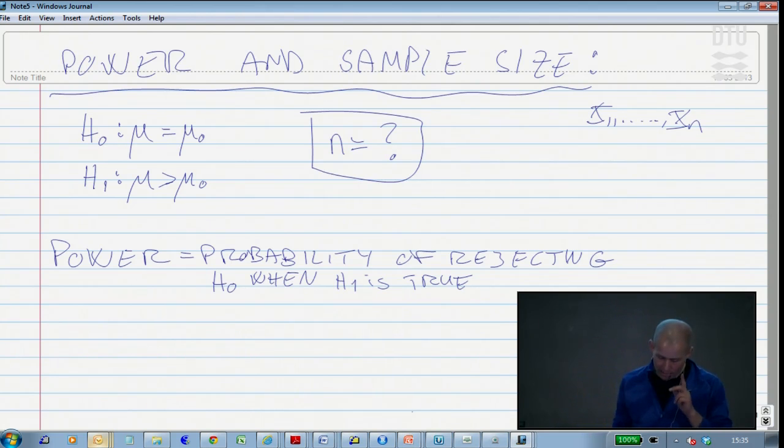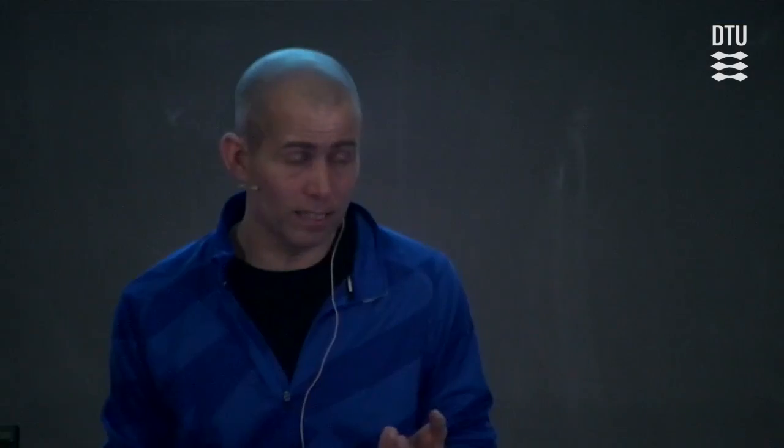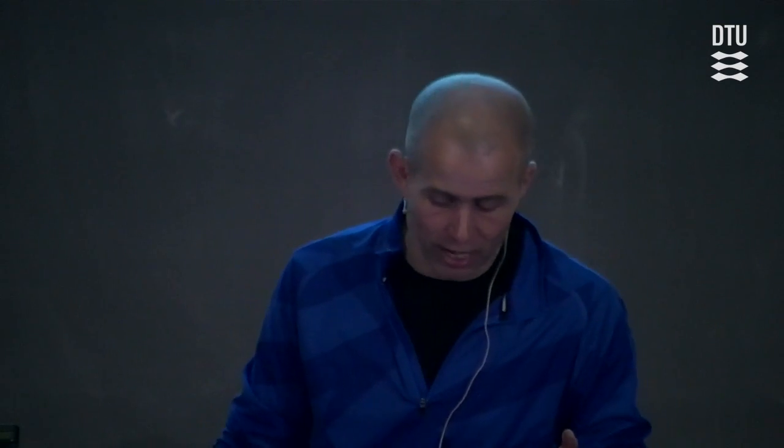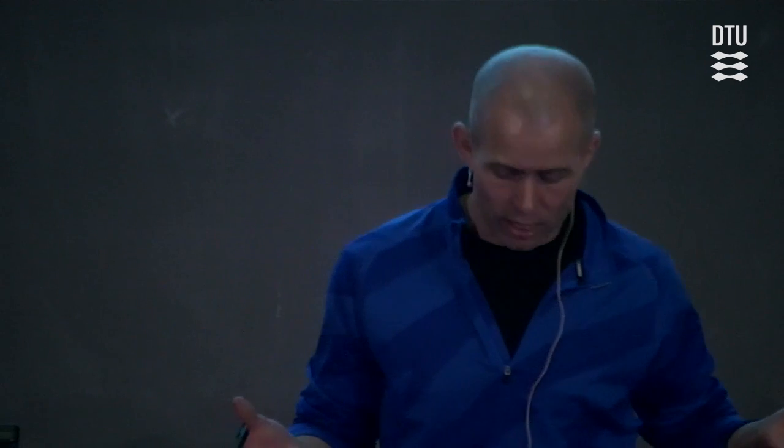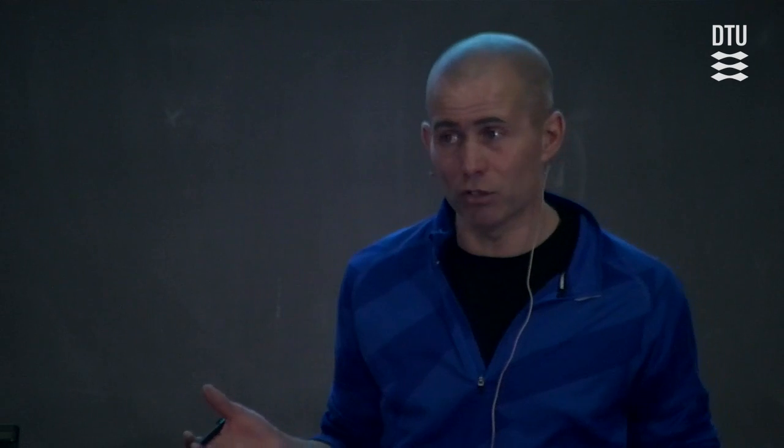Now, the challenge of the concept of power is that this is actually a function of the true mu. That is, if mu is actually larger than mu 0, those are the situations where we should reject. However, if mu is very much larger than mu 0, maybe it's easy to detect that.